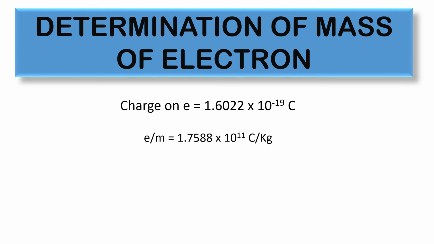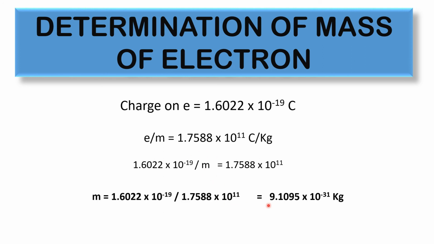We know the charge to mass ratio, that is 1.75 into 10 to the power 11 coulomb per kg, which means 1.6 into 10 to the power minus 19 divided by m is equal to 1.75 into 10 to the power 11. Calculating for m, this is equal to 9.1 into 10 to the power minus 31 kg, which is the mass of a single electron.